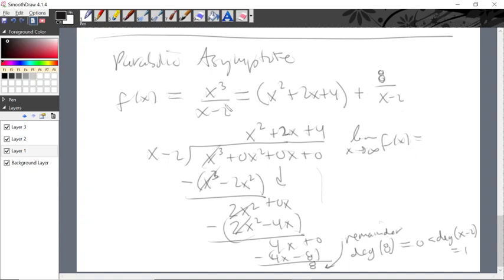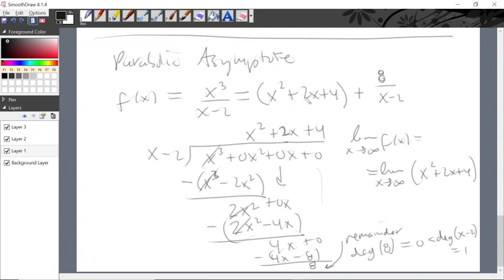So the limit of f of x as x goes to infinity is equal to the limit as x goes to infinity of x squared plus 2x plus 4. The reason I've removed this is because the limit of this term is just 0 as x goes to infinity or negative infinity. So our function and this quadratic are approaching each other as x gets very, very large.